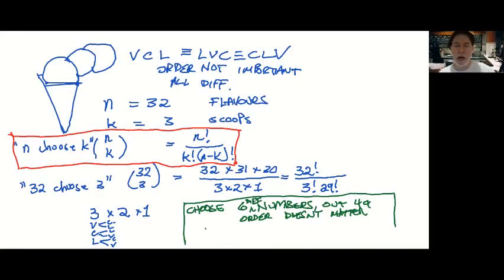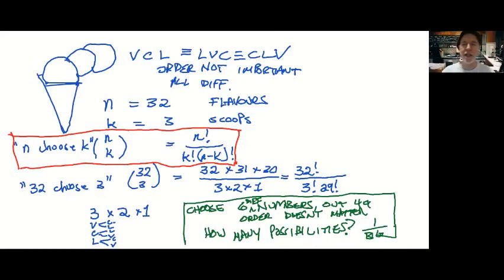How many possibilities? And your probability of picking the right one is going to be 1 divided by a big number. So there's your homework where you can practice this.